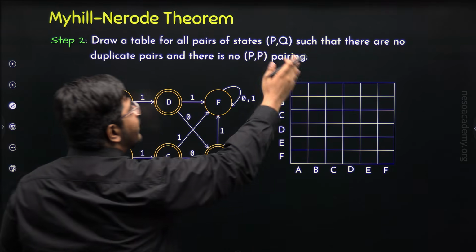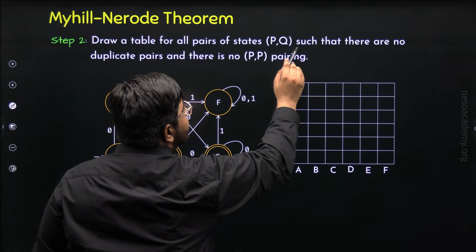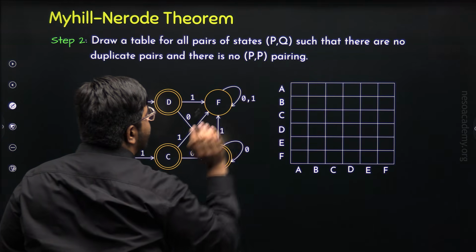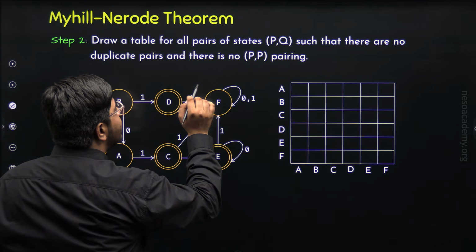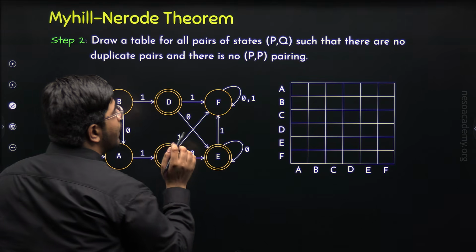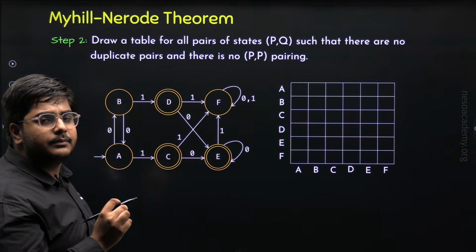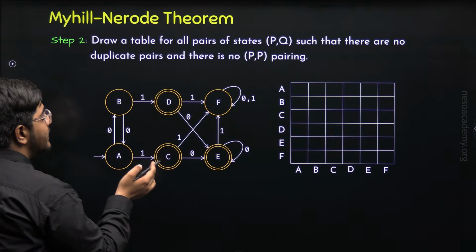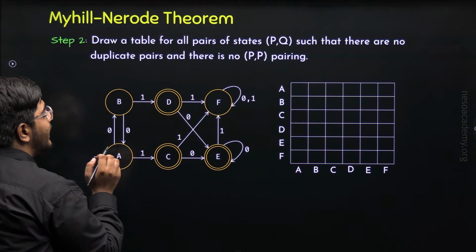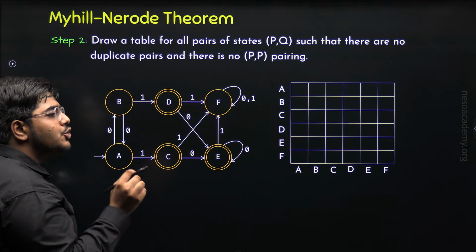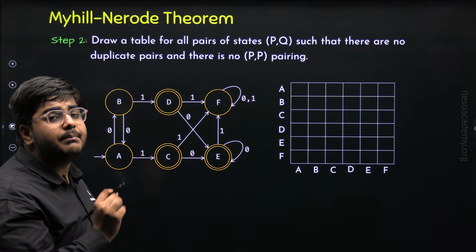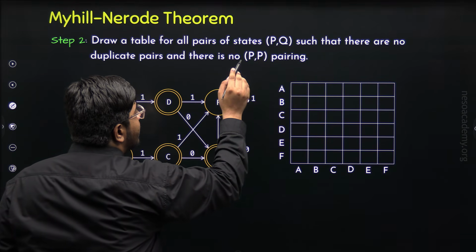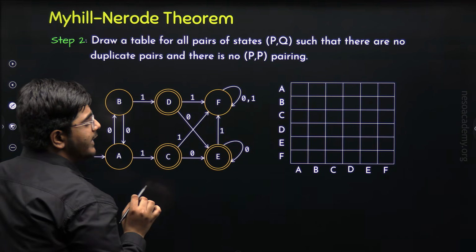Now let's concentrate on the further part, such that there are no duplicate pairs and there is no PP pairing. So first, let's focus on PP pairing. What is PP pairing? The pairing of states like A, A; B, B; C, C; D, D, and so on, such pairing is called PP pairing, which means in a particular pair of states, both the states are identical to each other.